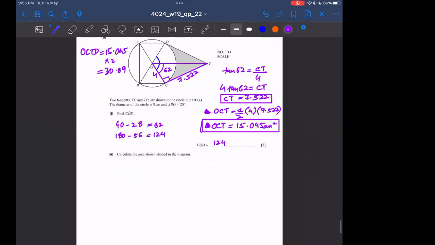Area of the sector is going to be 124 divided by 360 multiplied by pi r square. The radius value is going to be 4. So 124 divided by 360 multiplied by pi into r square gives 17.31.